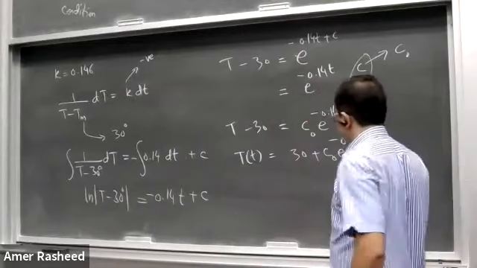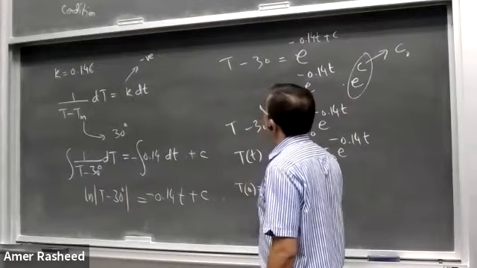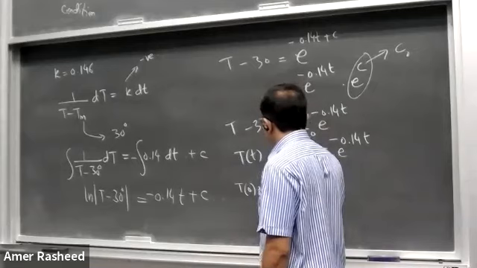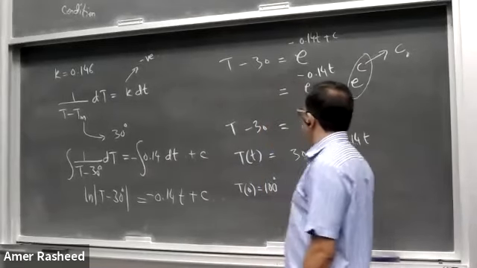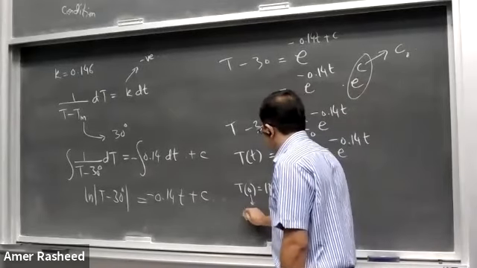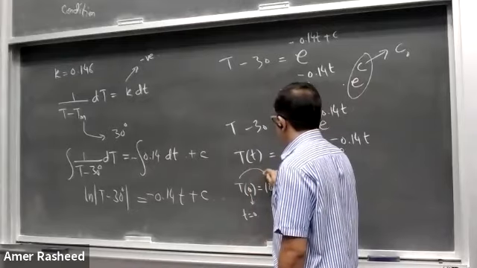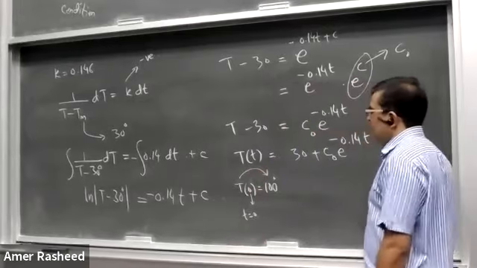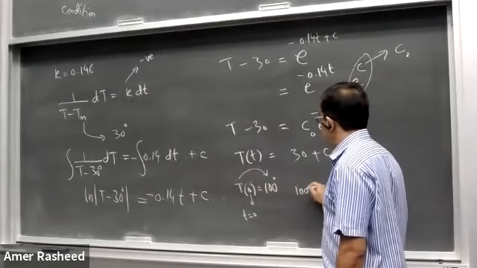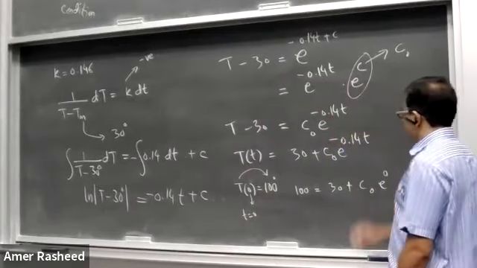So this is our solution. Now at t equal to 0, the initial temperature is 100 degrees. By inserting this t, small t is time, and capital T is the temperature. So at t equal to 0, we get 100 is equal to 30 plus c naught e raised to 0.